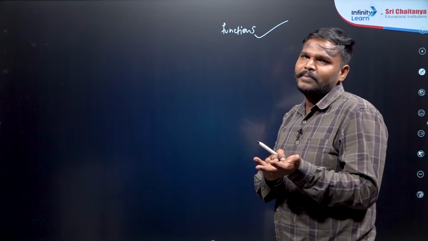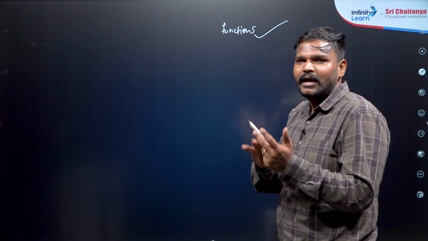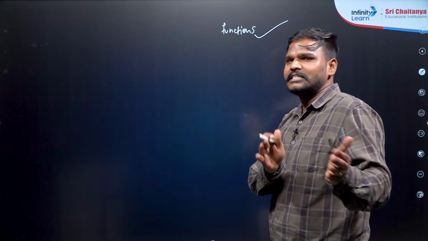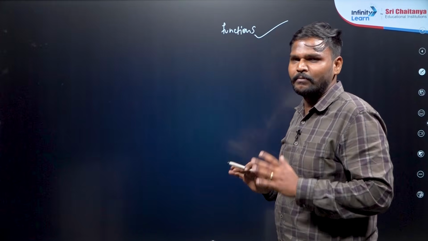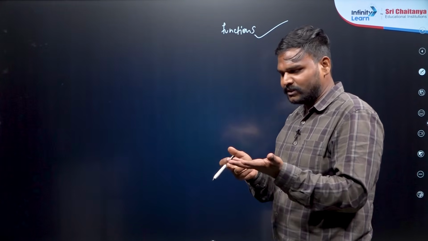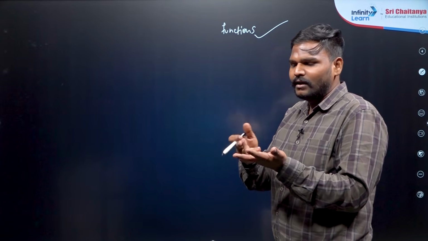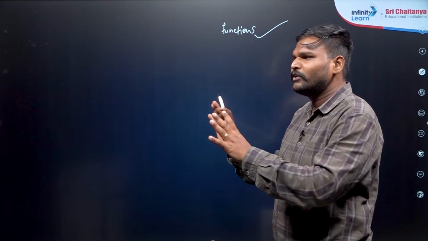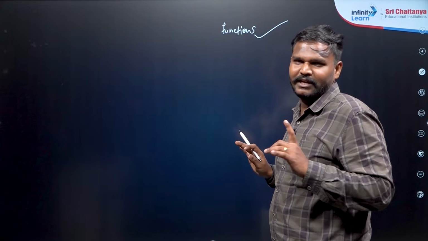Left hand side is called dependent, right hand side is called independent, and it can be written as y is equal to f of x or LHS is equal to f of RHS variable. And types, what are the types? Trigonometry, logarithmic, exponential, algebra. This much information is enough in functions.